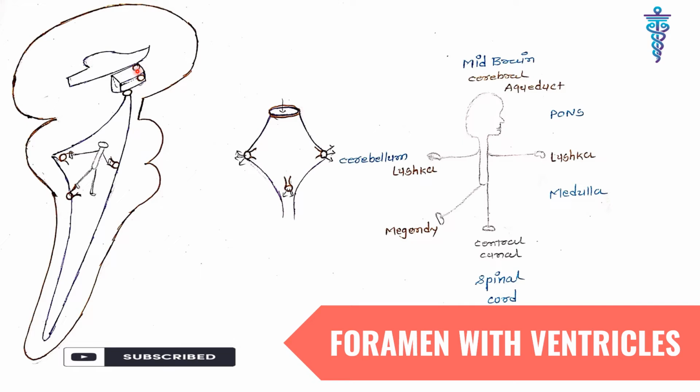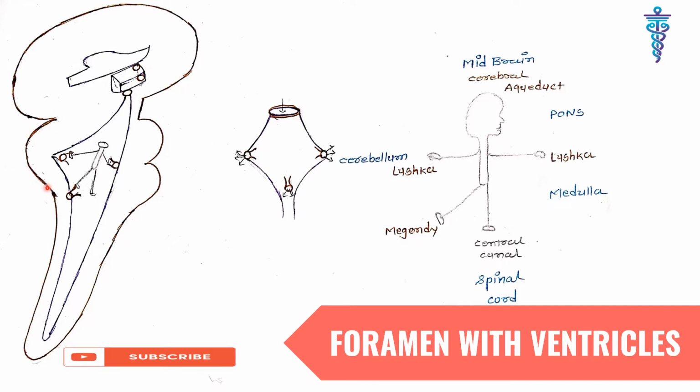And imagine that you are standing in the fourth ventricle. On your anterior side, what are these two structures? Pons and medulla. And on your back, what is here? This is the cerebellum.